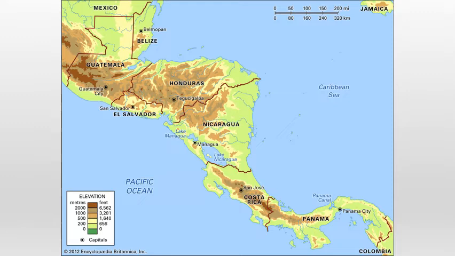Central America is also very active seismically. That means volcanoes and things like that. So the mountains that you see are the result of volcanic activity. If we were looking at a plate map that would show the edges of the plates of the Earth's crust, there would be a lot of plate intersections here, right in just this very small space.